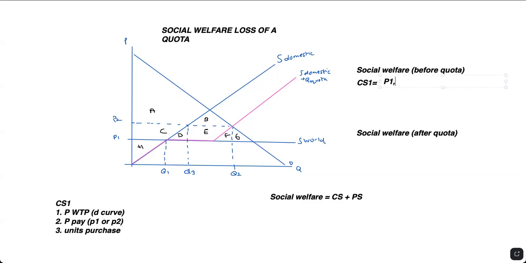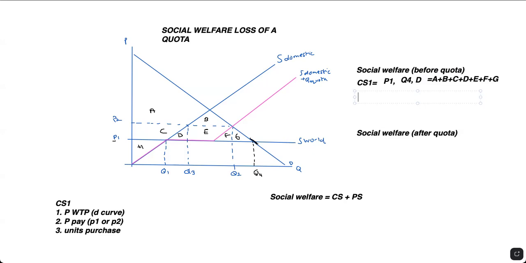The units that they are able to buy is where the demand curve meets the price. They're able to buy that from the domestic country as well as the world. So they were able to buy Q4 and they were willing to pay everywhere on this demand curve. So as a result, they get a really, really big consumer surplus of all of this area here in green. Or I'm going to just use letters, that's my preferred method when it comes to exams: A, B, C, D, E, F, and G.